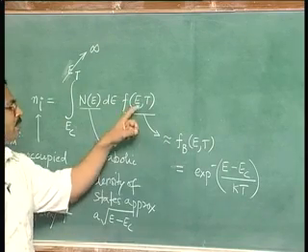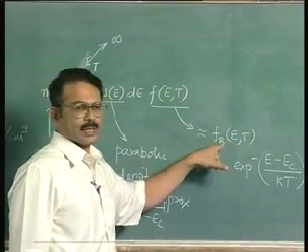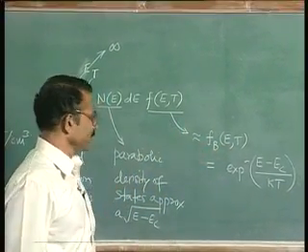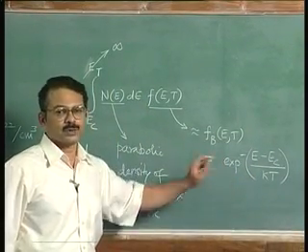So we are writing f of Et as approximately equal to f of B Et, that is the Boltzmann approximation of the Fermi-Dirac fraction, and that is given by this formula.